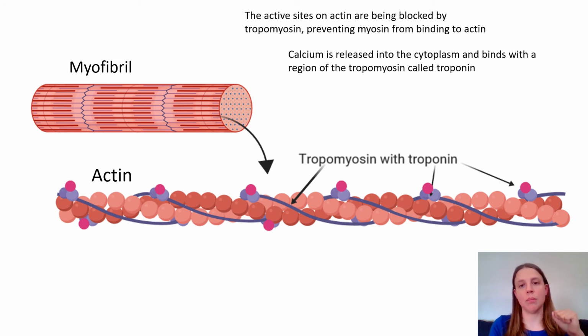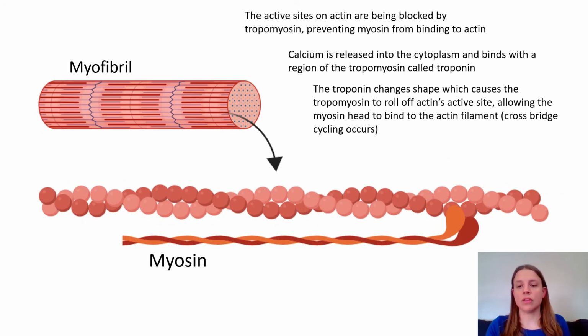So the calcium binds to the troponin, which causes a shape change where the troponin kind of rolls out of the way of the active sites on the actin that it's been blocking. And once the tropomyosin is out of the way, the myosin head can now reach the active sites on the actin filament.